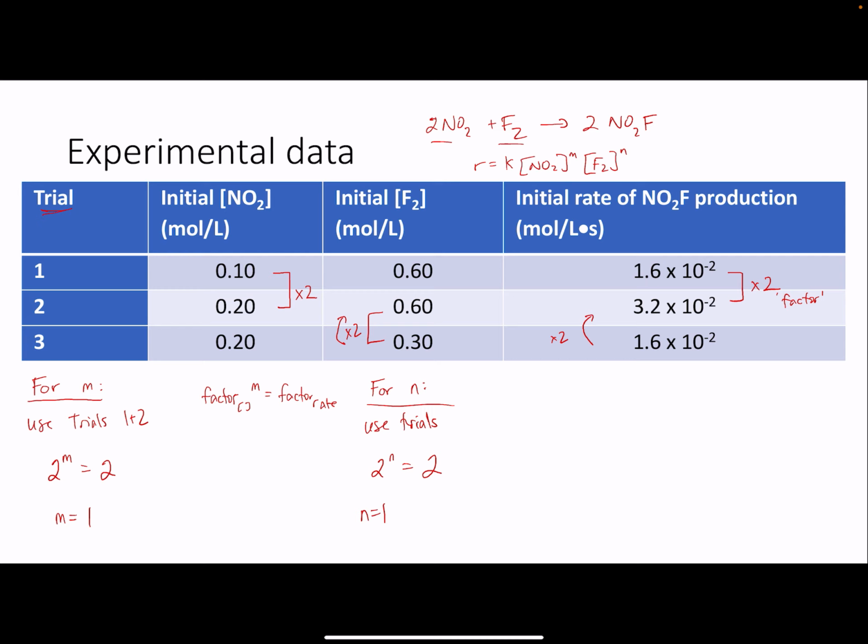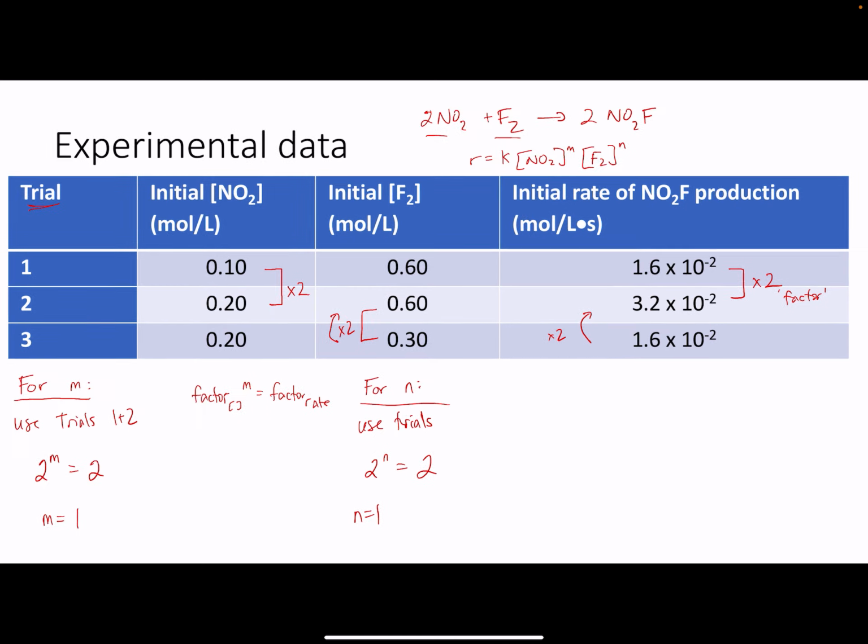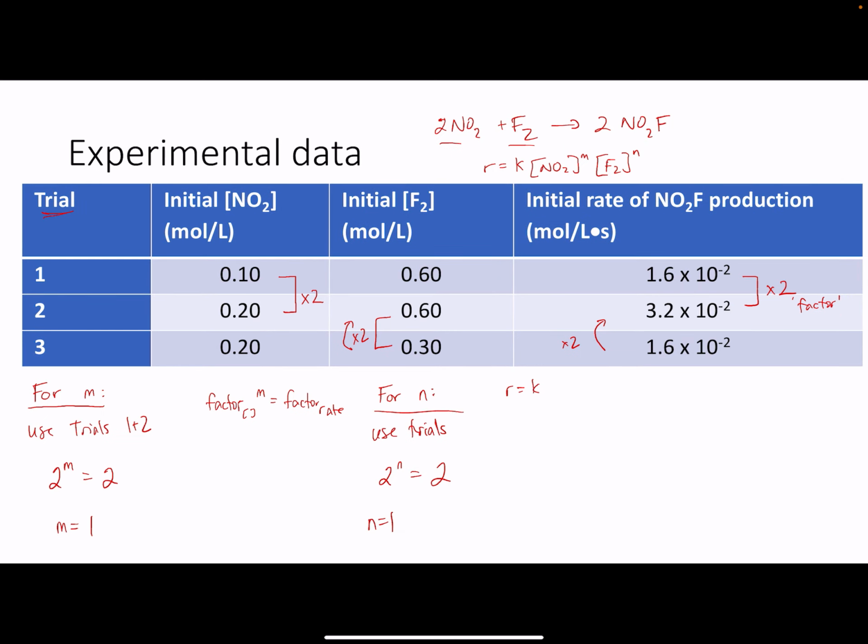Now, using this data, we found what our exponents are. So we can say R is equal to k times NO2 to the power of 1 times F2 to the power of 1. So this is our general rate law now. What does that mean?